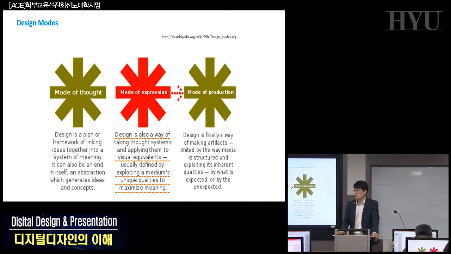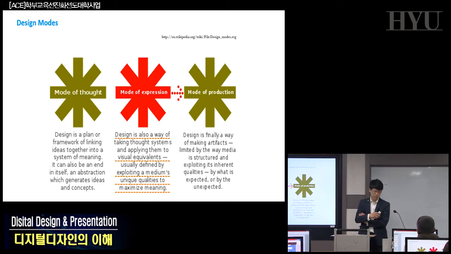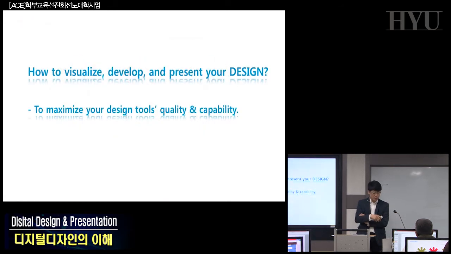If you are very skillful at using SketchUp, you can do everything using only SketchUp. But anyway, you don't need to stick to just one software. We can use a lot of software, including software we didn't tackle in this semester. You can learn by yourself. You can take a look, you can gather some information about it. So to maximize your design tools quality and capability is one of the answers for how to make it.